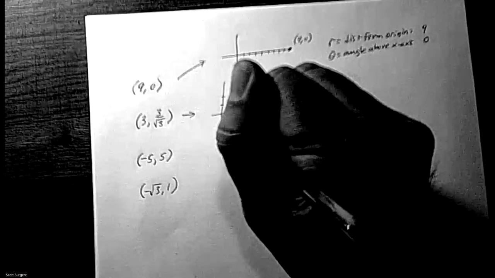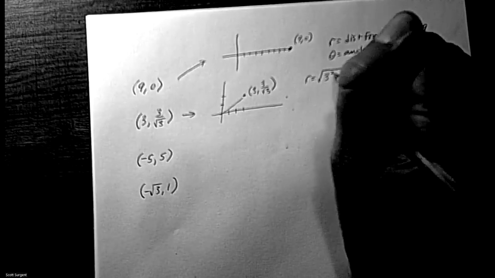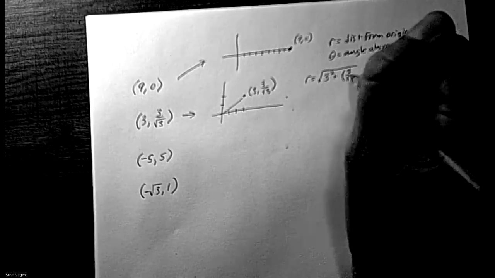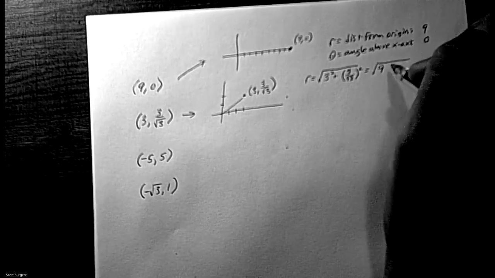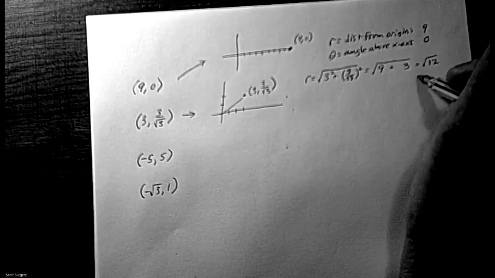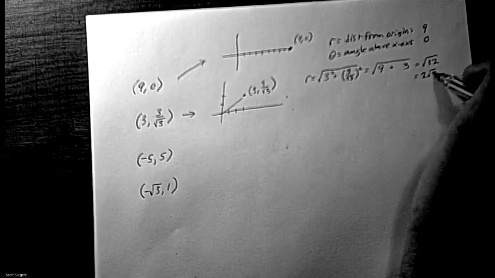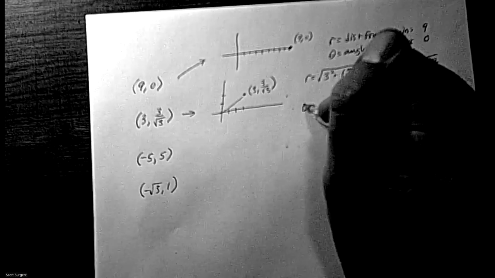For the distance, you just do the Pythagorean theorem. You get 9. This one gives you 9 over 3, which is 3. So it's rad 12, which is the same as 2 rad 3. You can leave it as rad 12.